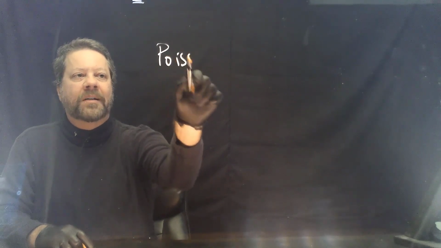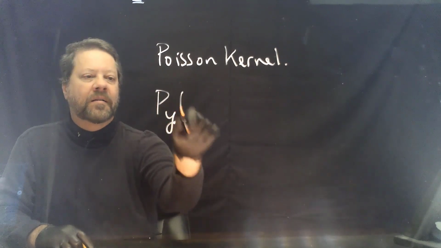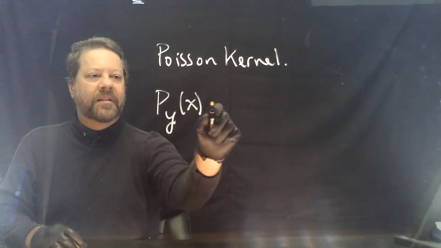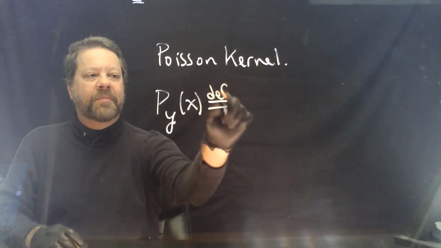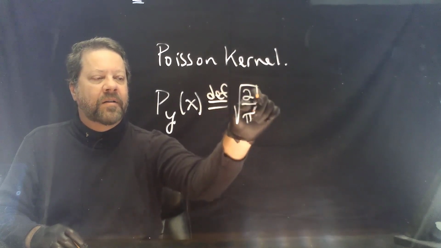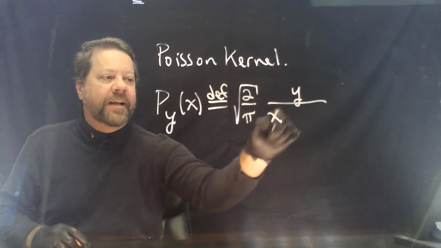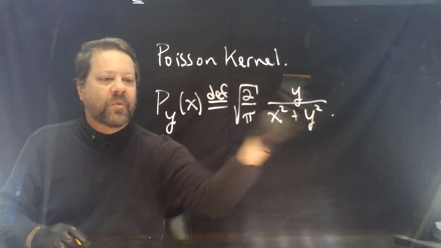We're going to define something called the Poisson kernel. Py of x is going to be defined by this factor root 2 over pi times y over x squared plus y squared.